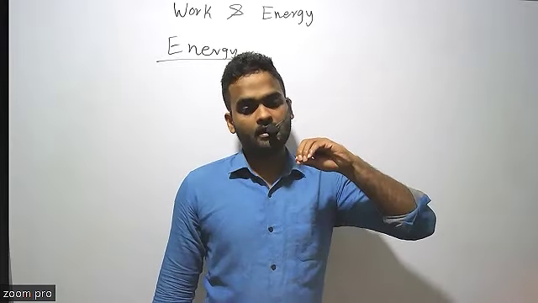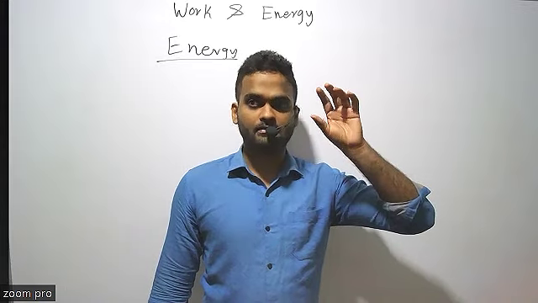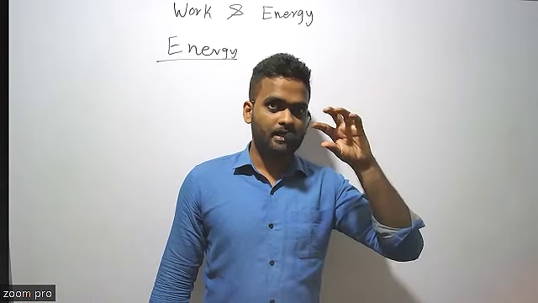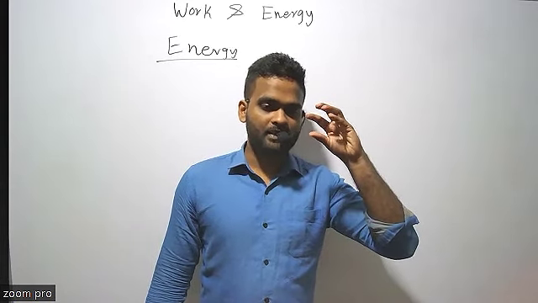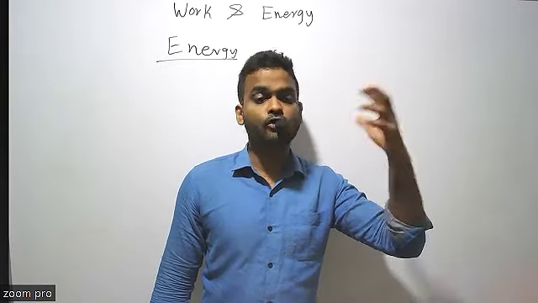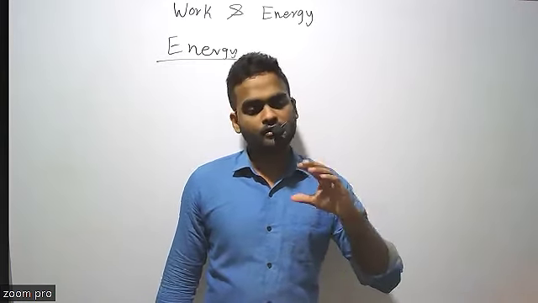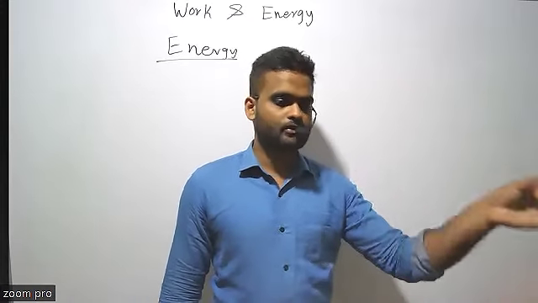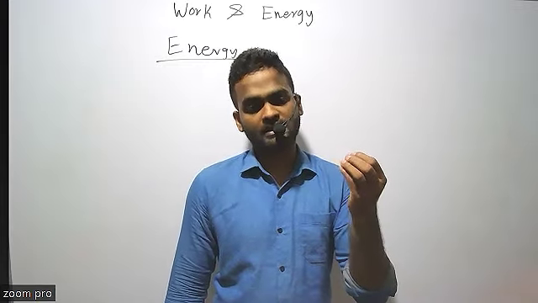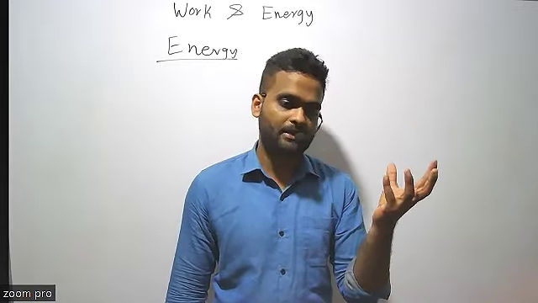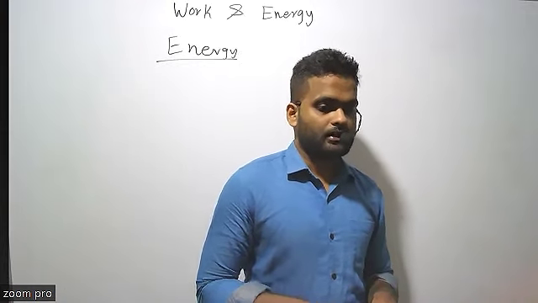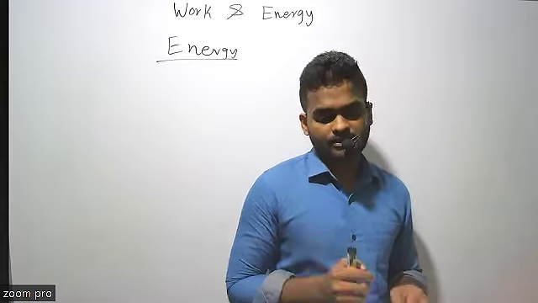When we think about electrons or those particles, due to vibrations, due to their kinetic energy, energy converts into light. So energy can only be converted into different types of energy, but it cannot disappear or be created.